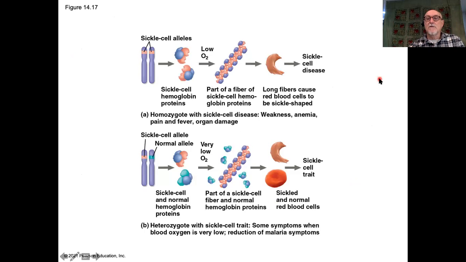Here's the basic way in which it works. I think we talked about this before, but it bears repeating. It's a variant on a single gene, so we have alleles which are inherited either in the homozygous or in the heterozygous form.